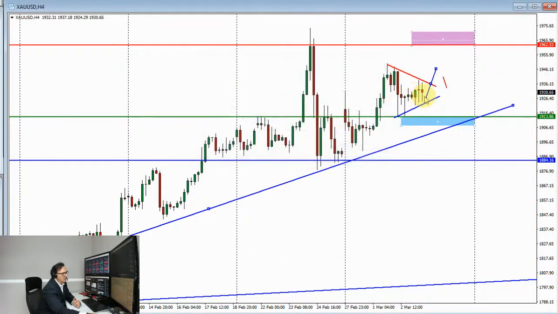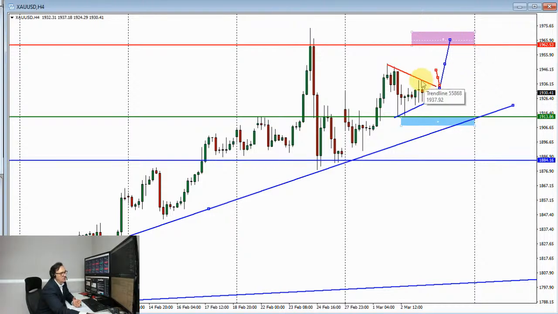Bulls are looking for a breakout above here, then maybe a little retest at 1936, 1940, and then an explosive breakout higher, which would be equivalent to the widest point of this consolidation to the upside, giving us this previous swing high as a take profit at 1960.